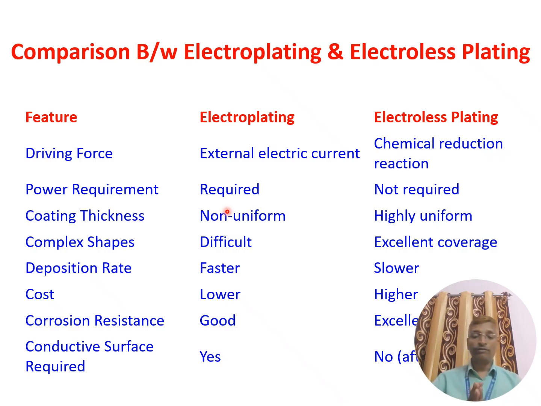We should follow the method based on the conditions of the metal. If we follow it, then we can achieve a good coating over the surface, either by electroplating or electroless plating. Hope you understand the concept, students. Thank you.